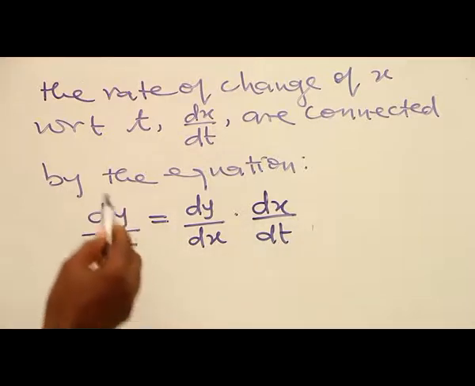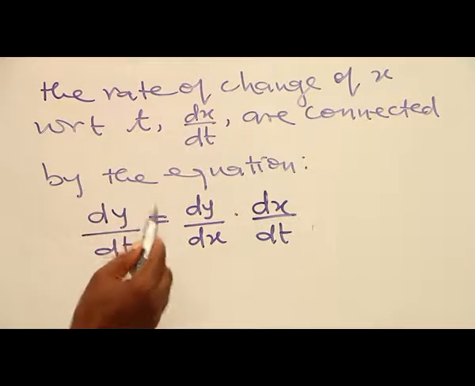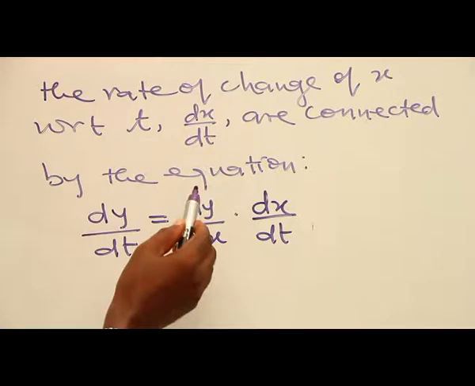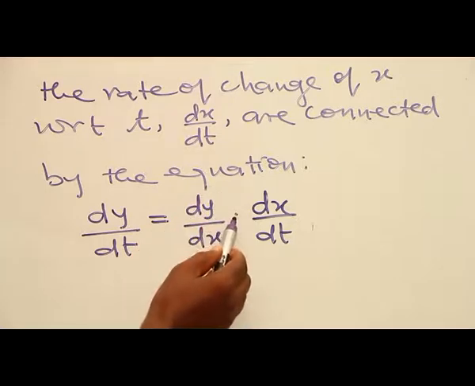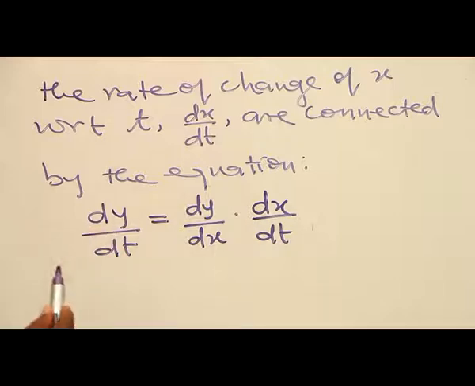So take note, the rate of change of y with respect to t is equal to the rate of change of y with respect to s times the rate of change of s with respect to t. This is the equation connecting these relationships.